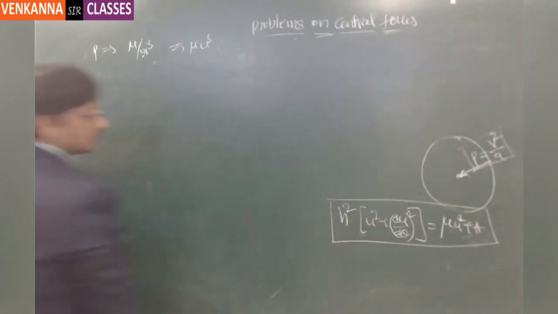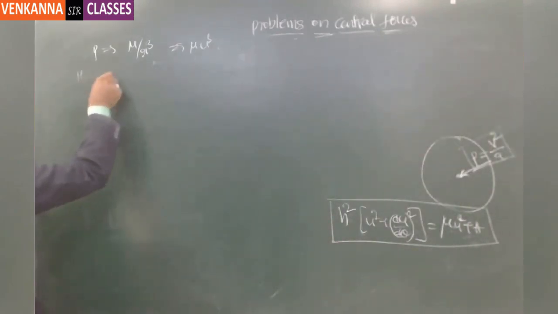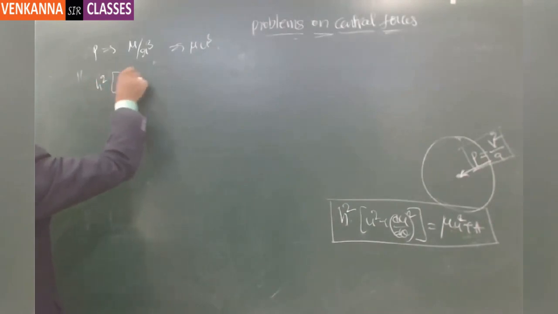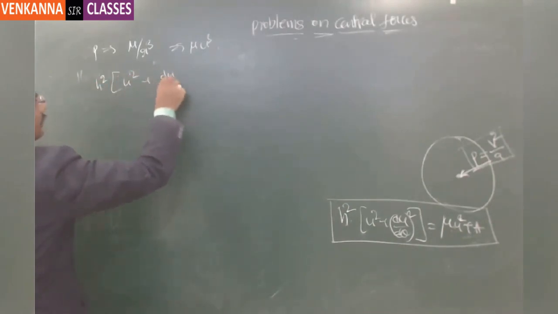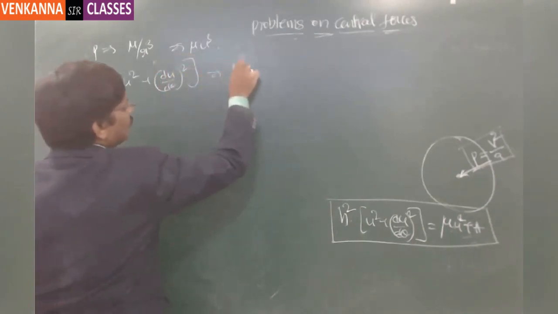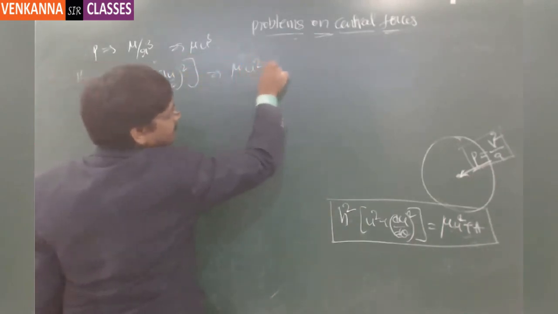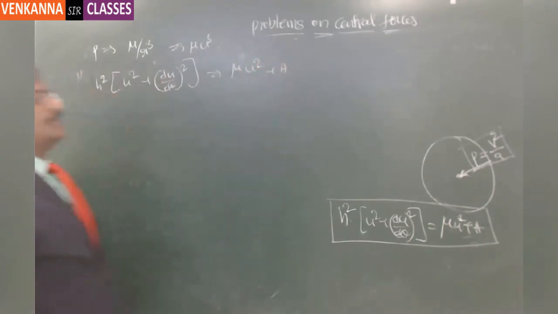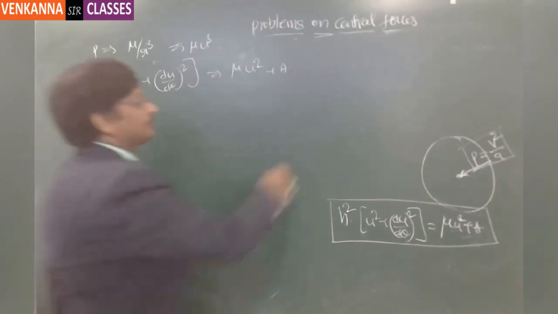So we have got h square times of u square plus du by d theta whole square equal to mu u square plus a. Now the initial condition is the particle is projected at an ellipse.